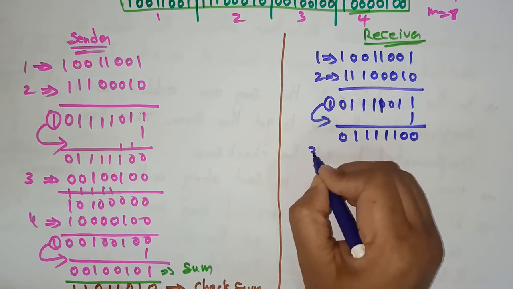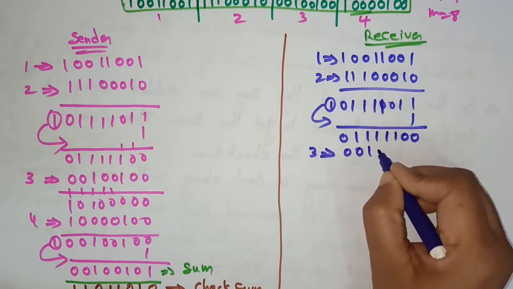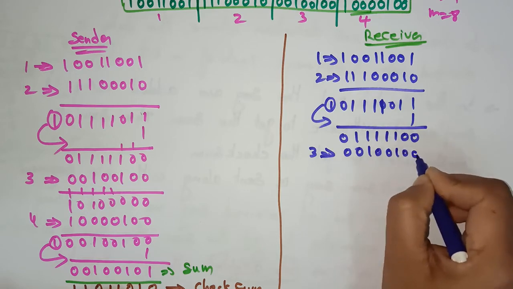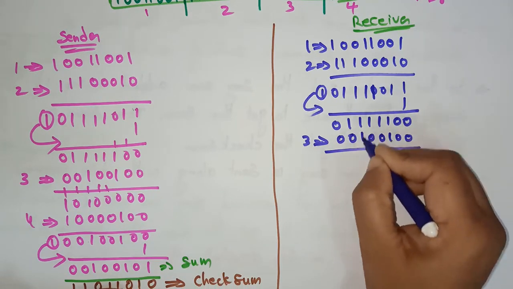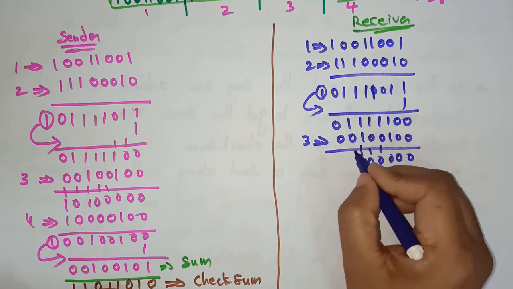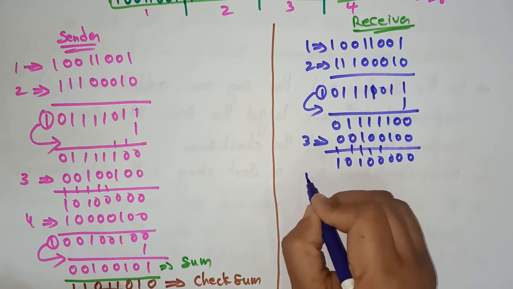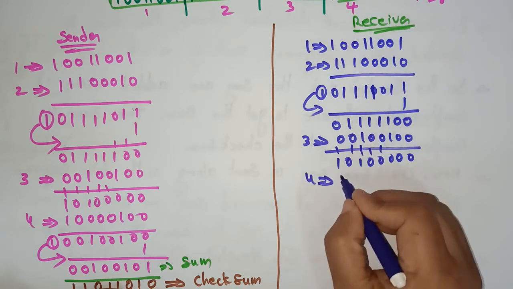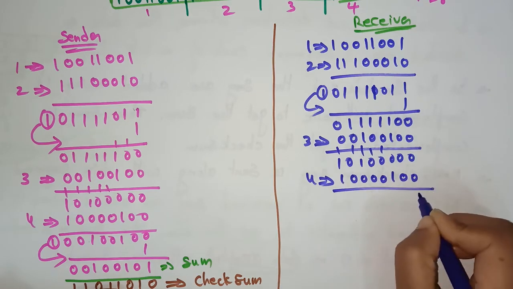Now add the third segment to this. The third segment is 0, 0, 1, 0, 0, 1, 0, 0. 0, 0, 1, 1, 1, 0, 1, 1, 1, 0, 1, 1, 1, 0, and this becomes 1, 1 and 1, 0, 1. Now try to add the fourth segment, that is 1, 0, 0, 0, 0, 1, 0, 0.